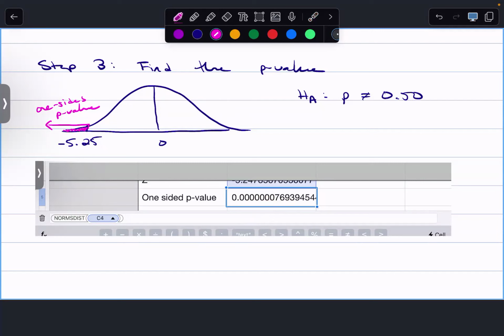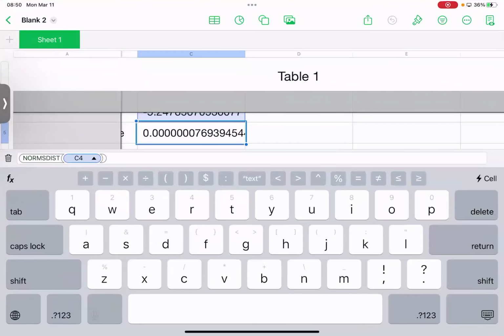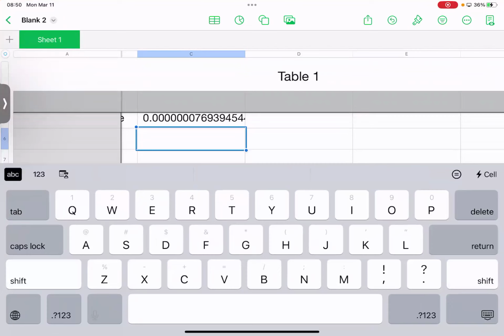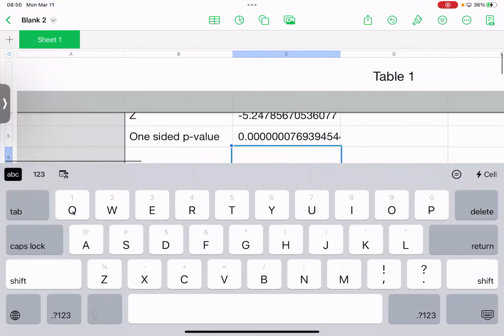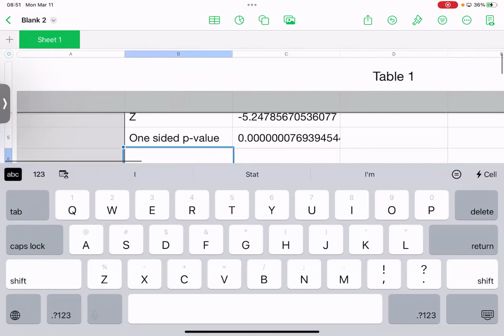So this here is the one-sided p-value. That's the area in the one tail. So now we're going to multiply it by 2. I wonder how I can show more.